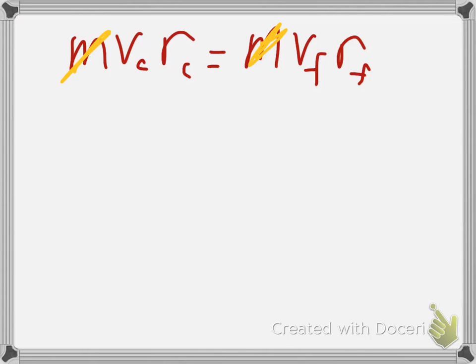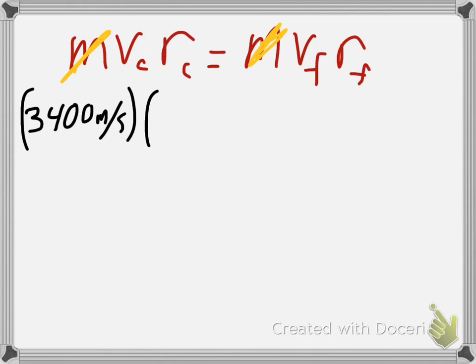So when we do this, we have to factor in the radius of the planet. So at our closest approach, our velocity is 3,400 meters per second.